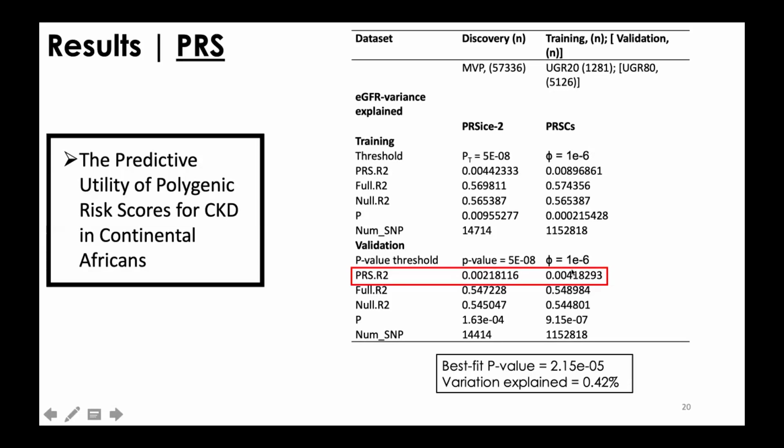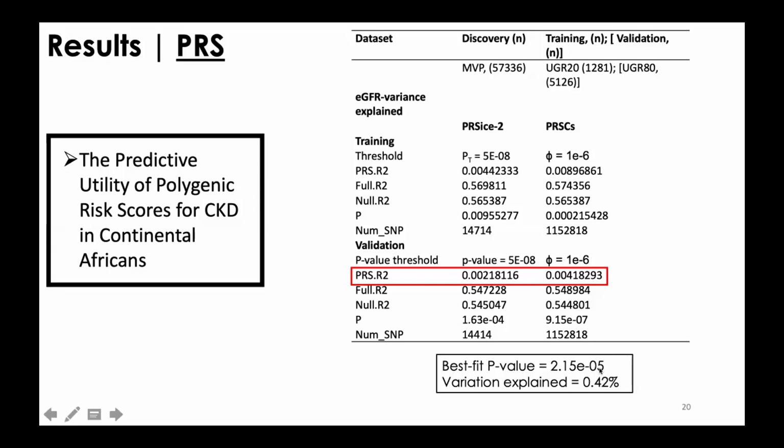So this is almost doubled, which is a good thing. It means the highest we can attribute to genetics in our Ugandans here is only 0.42%. The highest you can go in percentage, the last I checked, is 100%, and 100% minus 0.42 is a very huge difference.